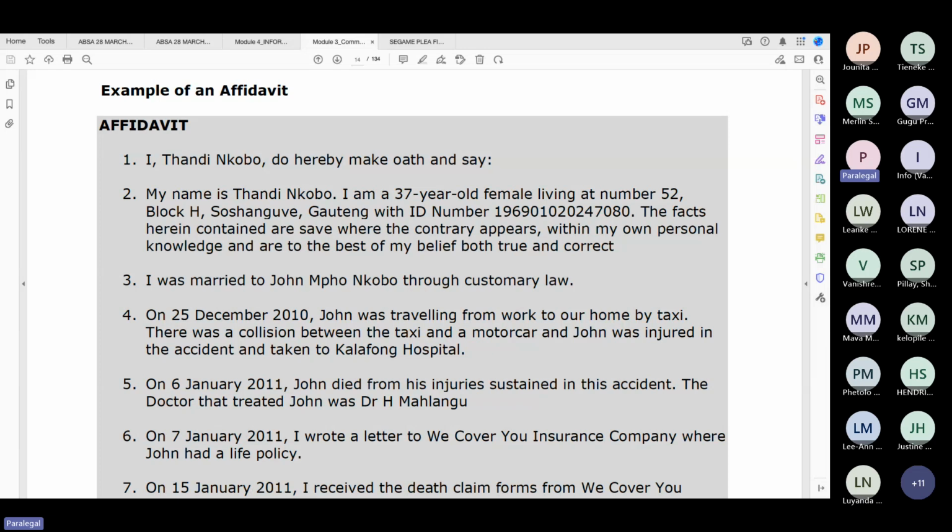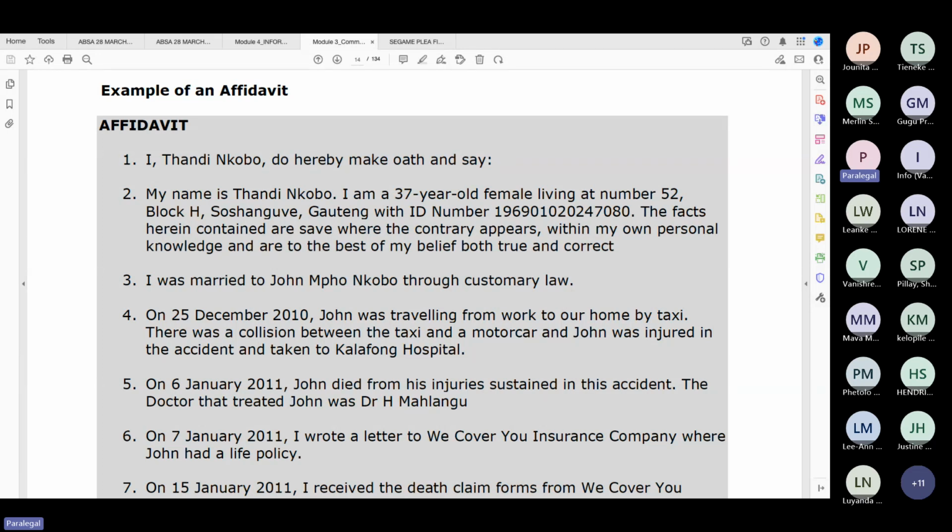But Pandi is from a particular area, Block H, Soshanguve, Gauteng. So she is sorting the other W for us where? So the WWW of writing statements is very important.